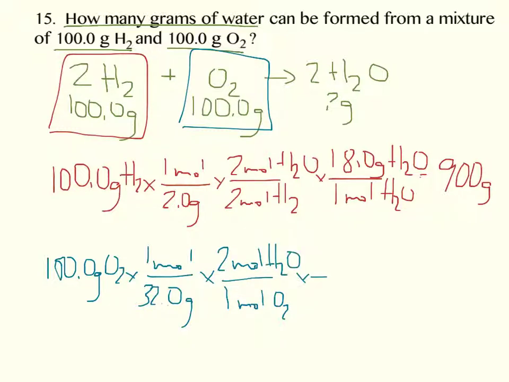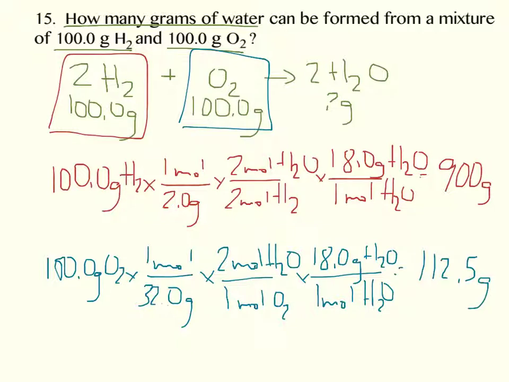But since we're actually looking for the grams of water, one more step. 1 mole of water for every 18.0 grams of water, which gives me a total of 112.5 grams.